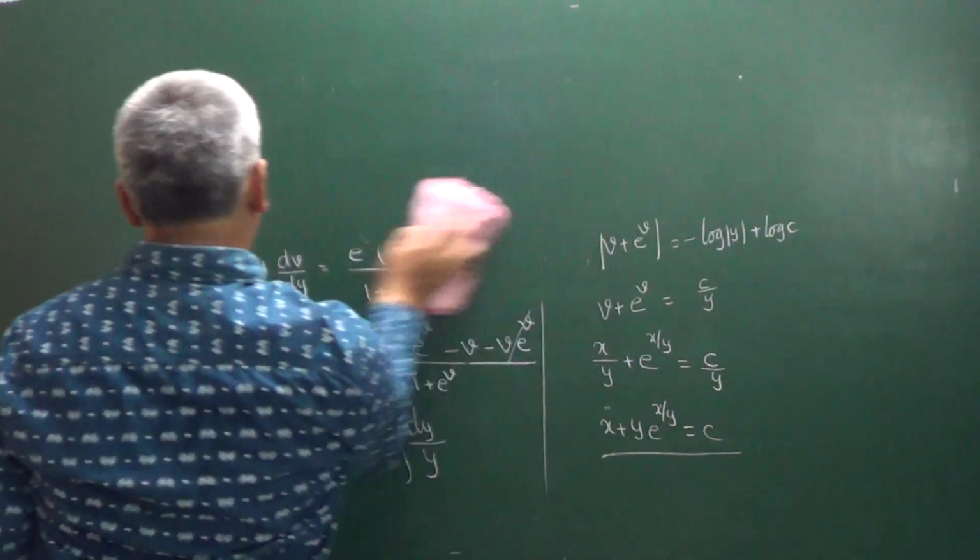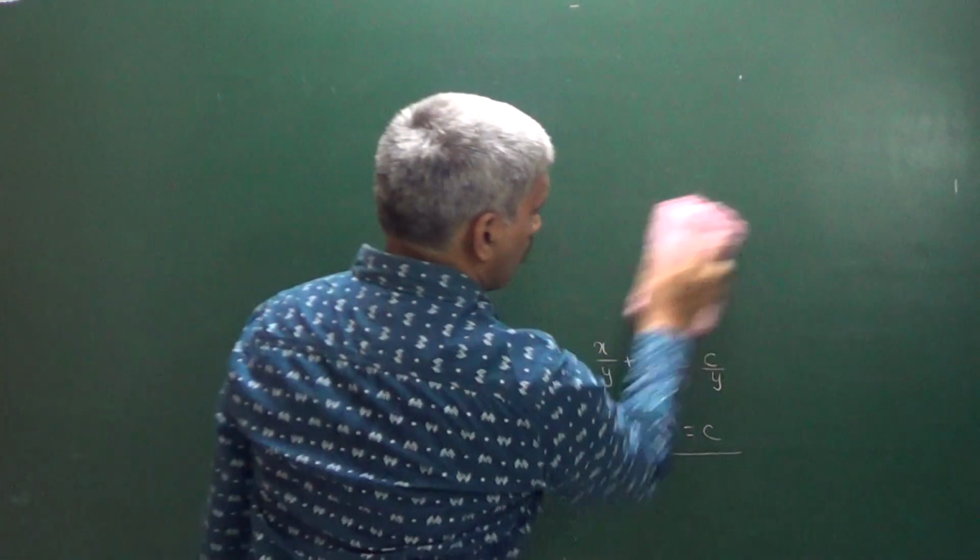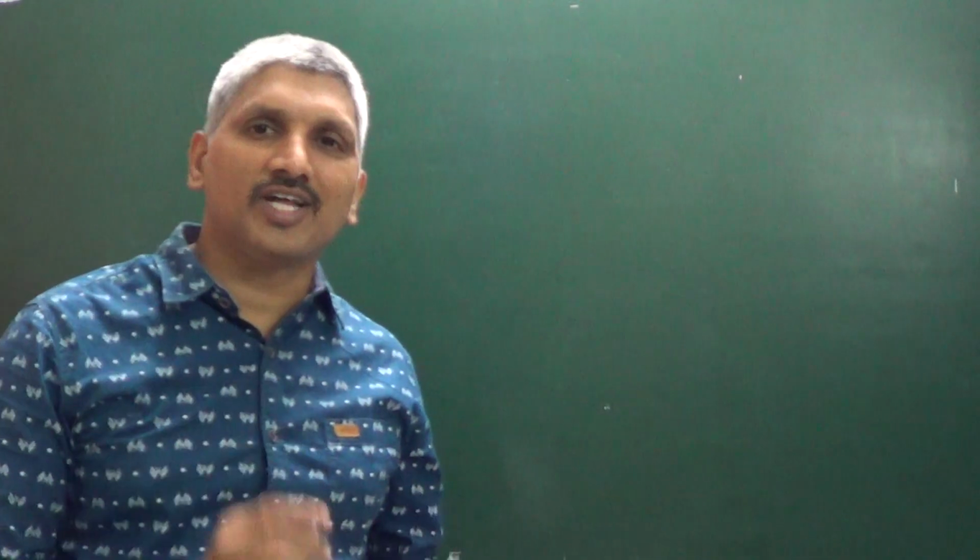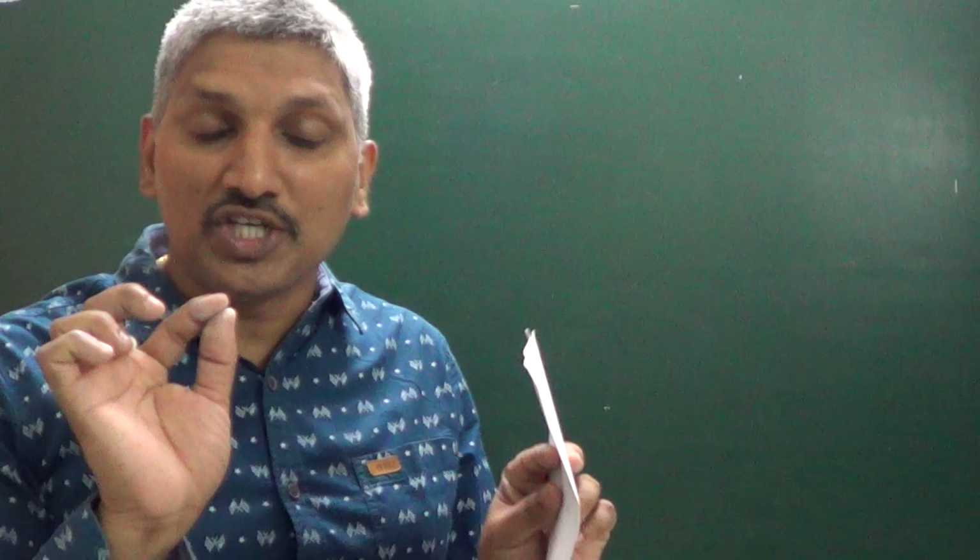So I will discuss one more question, where for the homogeneous differential equation we have to find the particular solution. You know, particular solution means they have to give the initial value problem, that means initial conditions they have to give. So this is the question.